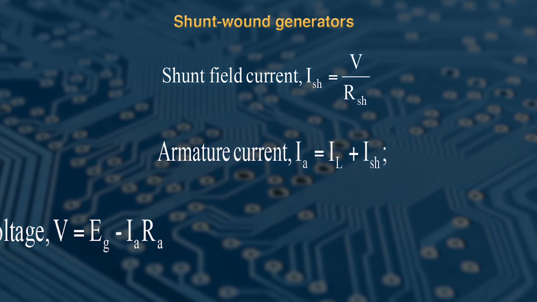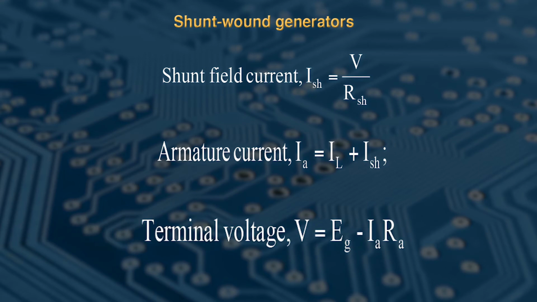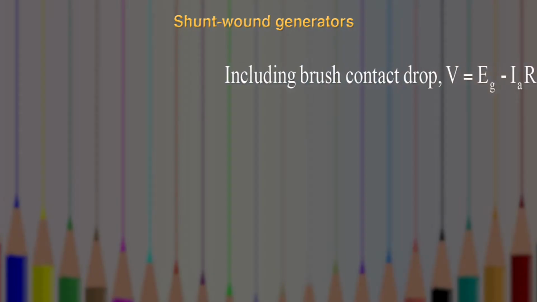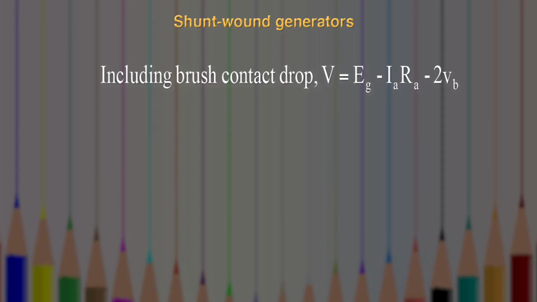Now if you are interested to calculate the terminal voltage, just apply KVL in A, B, C, D. So you can write terminal voltage V equal to EG minus IARA, and if you are considering the voltage drop across brush, then the equation for the terminal voltage is V equal to EG minus IARA minus 2VB.